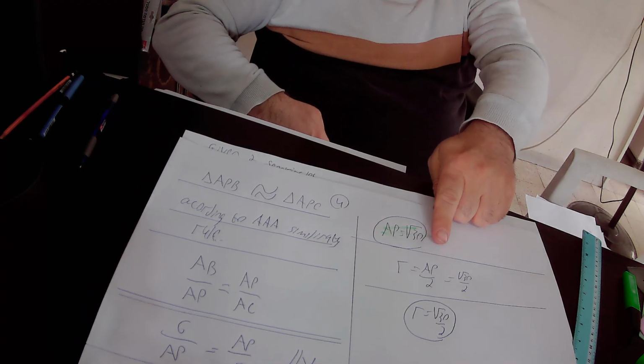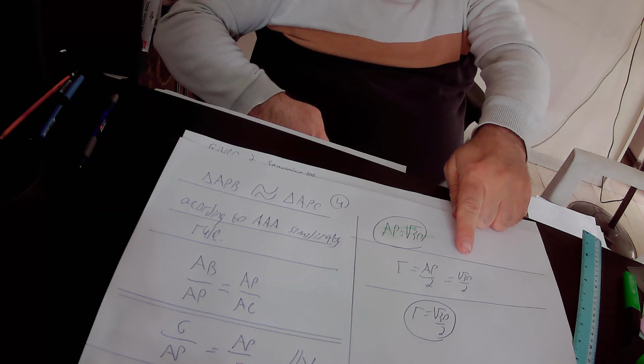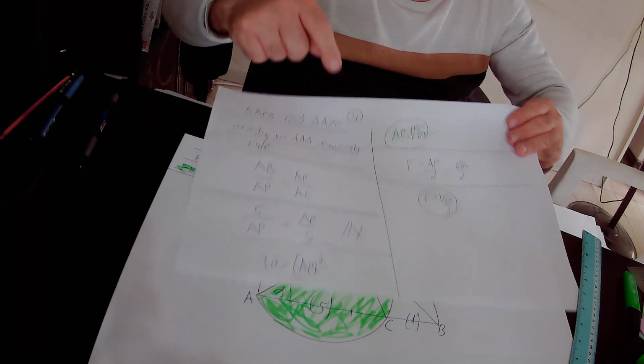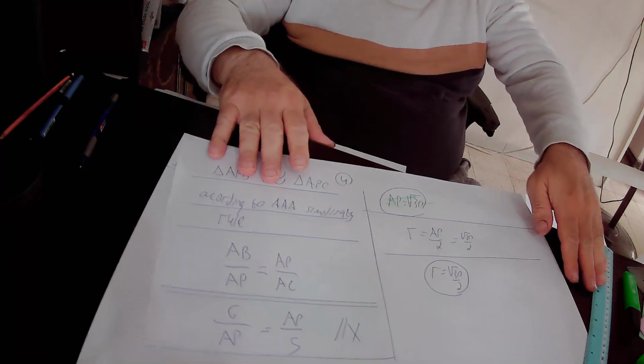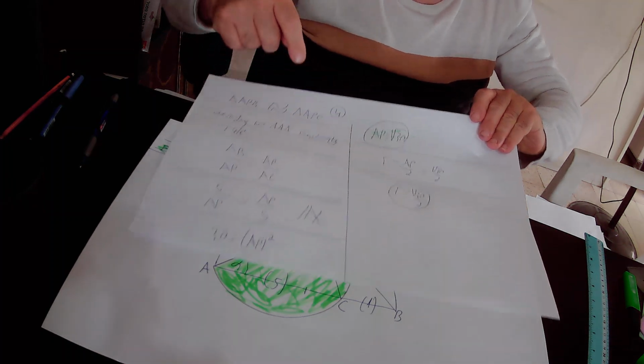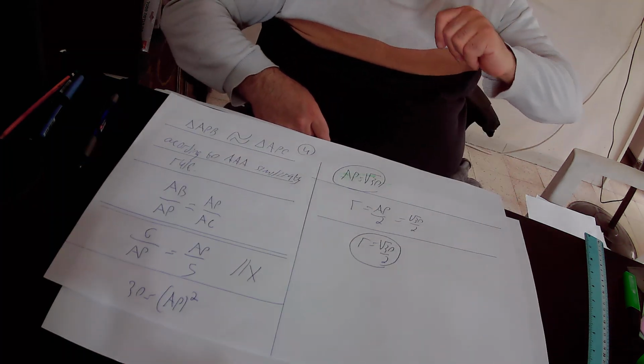The diameter AP is the square root of 30, and the square root of 30 over 2 is the radius of this green semicircle.